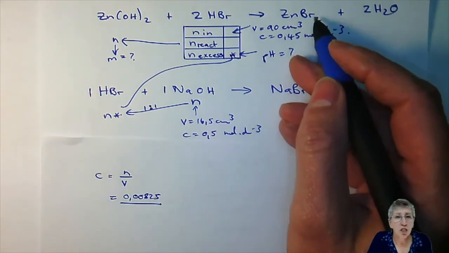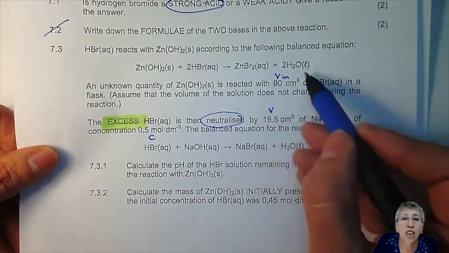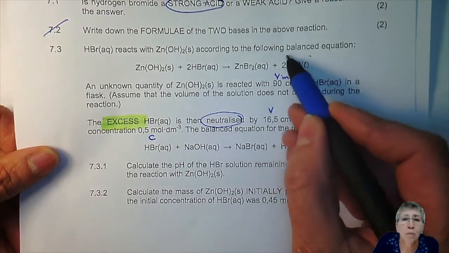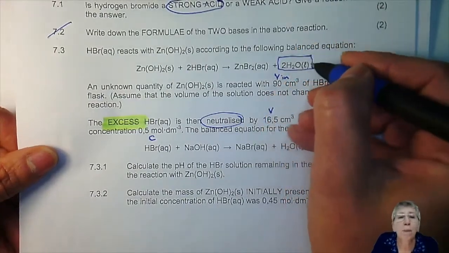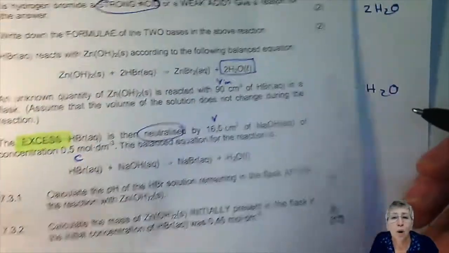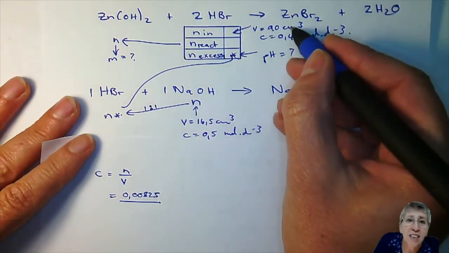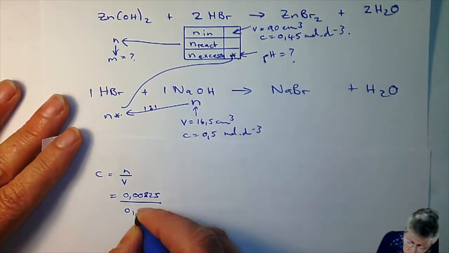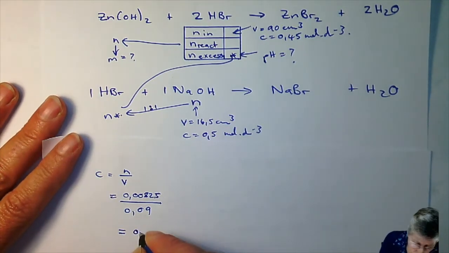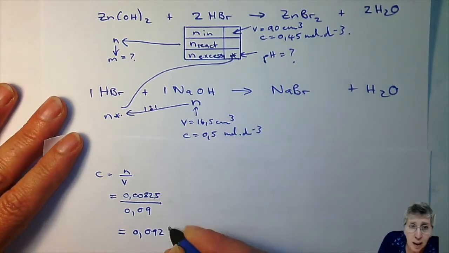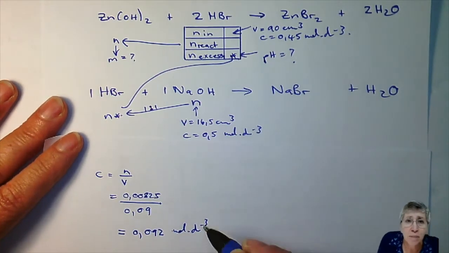And then in the question, they also told us that the volume does not change. So that water that was produced was a very small amount compared to the volume of the solution. So here I will just have that 90 cubic centimeters. So that's 0.09. And if you do that, you end up with 0.092, and that is now moles per cubed decimeter.